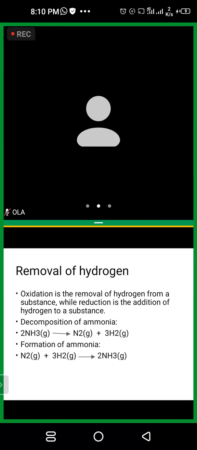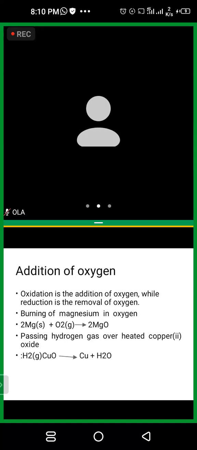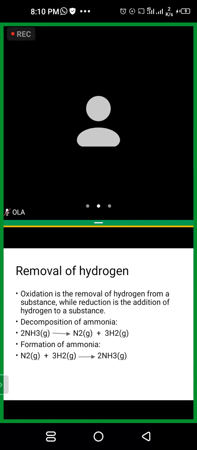But whereby hydrogen is added to a substance, it has undergone reduction. That is the reverse of what happens with oxygen. Where oxygen is added, that is oxidation. Where oxygen is removed, that is reduction. But for hydrogen, where hydrogen is added, it is reduction. Where hydrogen is removed, it is oxidation.